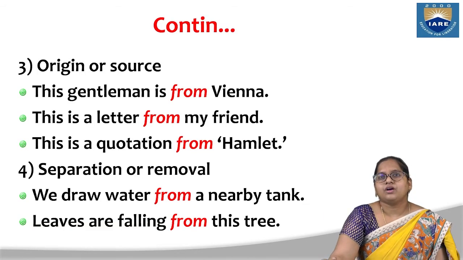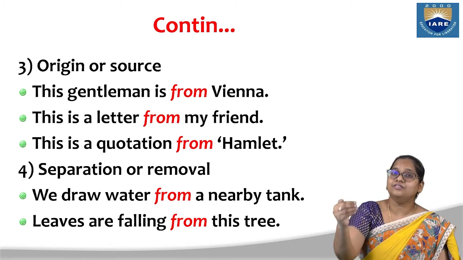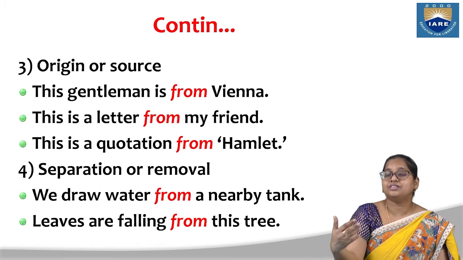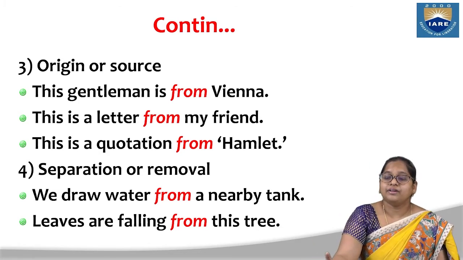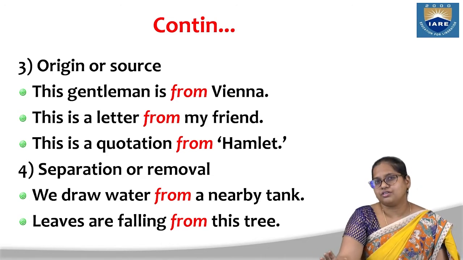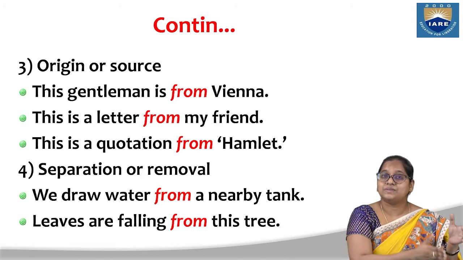Next, origin or source. The third context where you can use from is when you are referring to any kind of origin or source. That means this is from this place.